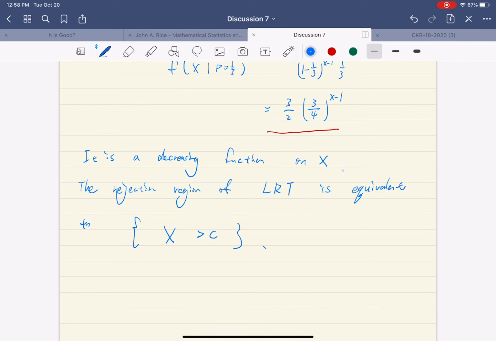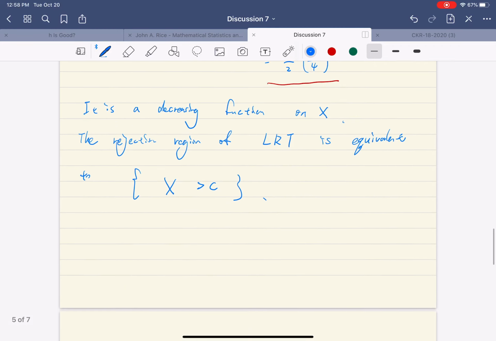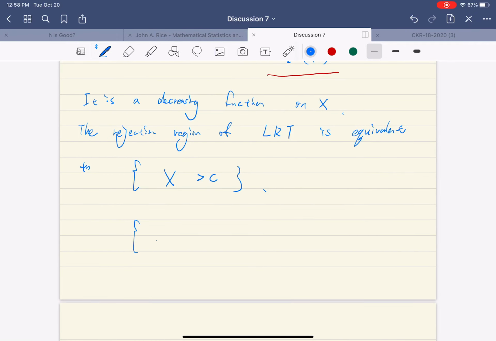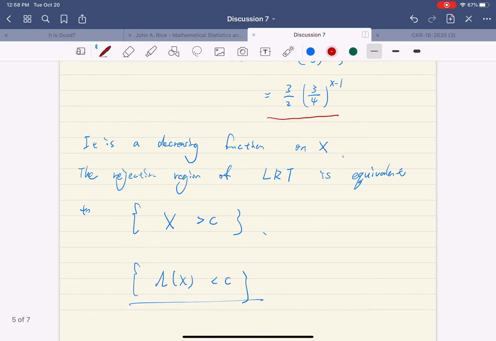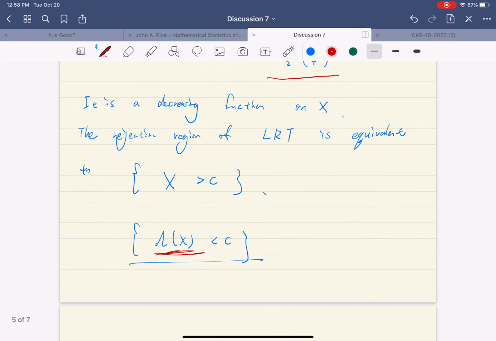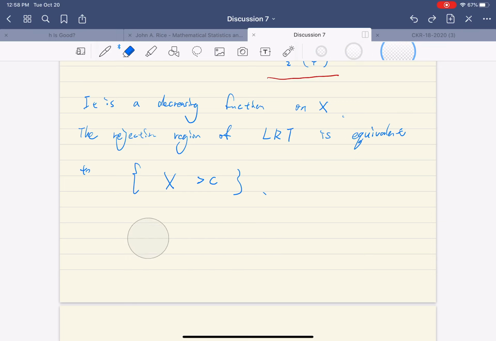The reason is this: originally, the likelihood ratio test rejects when the ratio is smaller than c, and because the ratio is a decreasing function as x increases, finding the ratio very small is equivalent to finding x very big. Okay, so this is what we have to do.